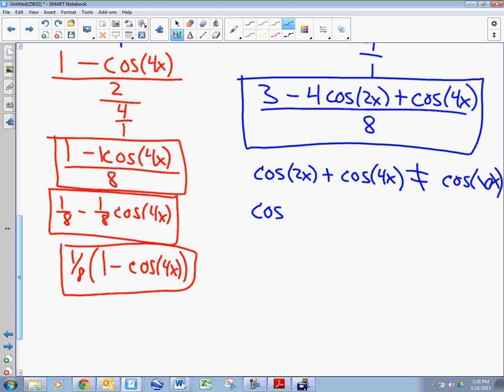Here's another one. Cosine of 2x times the cosine of 4x. That's just simplified. You can't write that any differently. You're done. There's actually a sum to product and product to sum formula we learn tomorrow, but we're just going to leave that alone. So if you come across this, leave it alone.